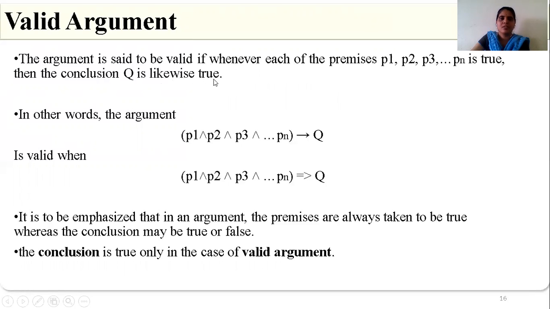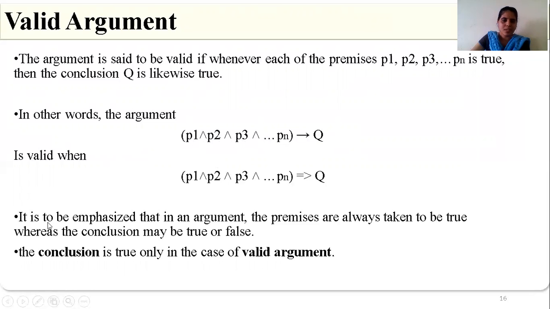We can write it symbolically as follows: P1 and P2 and P3 and so on up to Pn implies Q. That means if these are all true, then this is true.